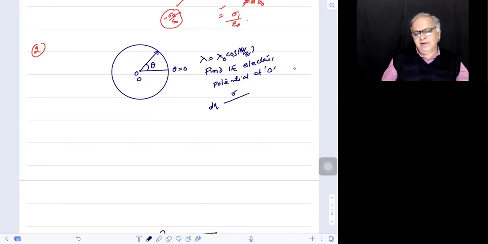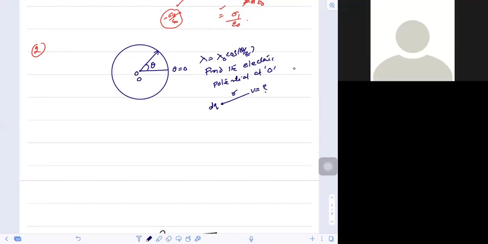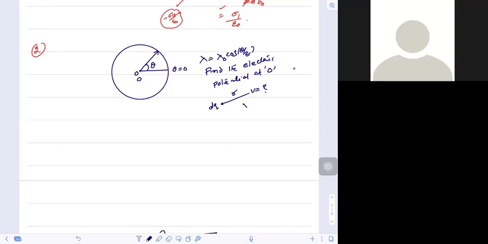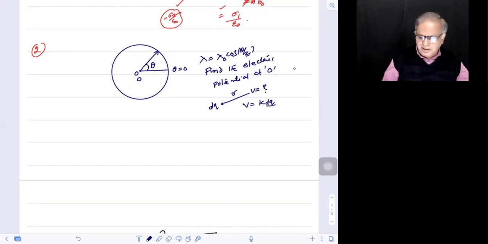There's a dq charge here, and at this point I would like to write the potential. V equals k dq by r.